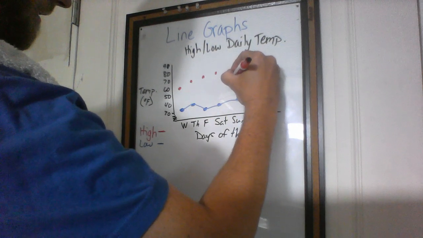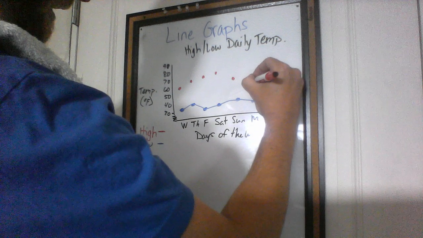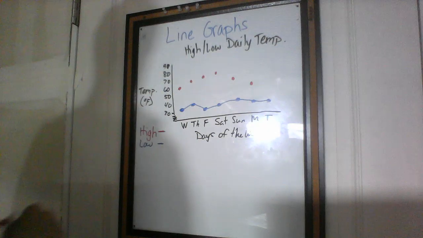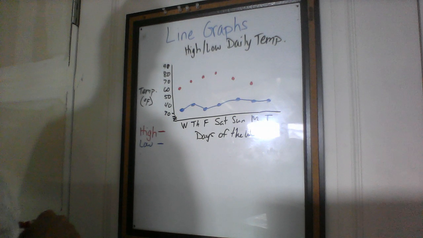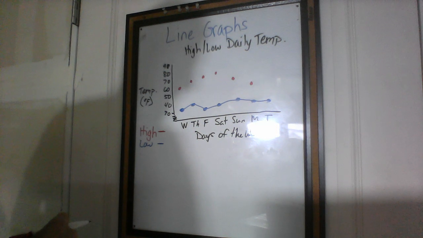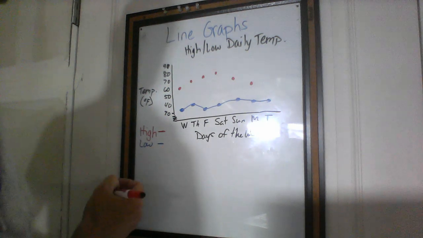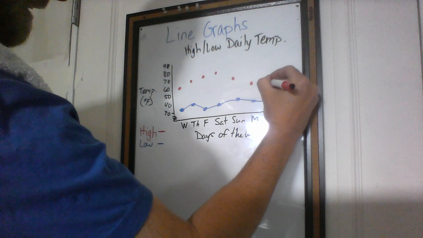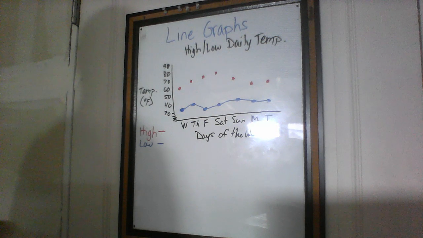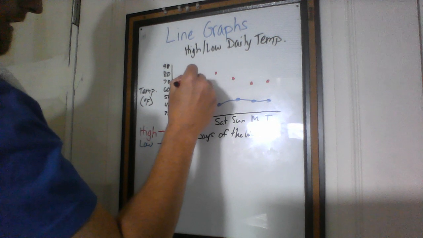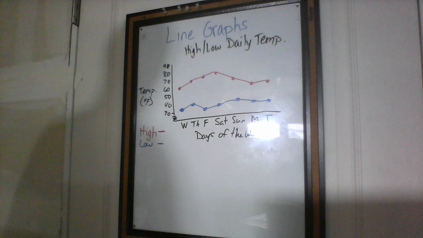Sunday got a little bit cooler and dropped off. And Monday, this is not based on the week we're actually doing this, so don't say, hey, Mr. Ledford, you're way off on these. This was a different week than what you're going to be looking at. That day was predicted for some rain, so it dropped a little bit, and it stayed a little bit cooler even the next day. So there are the high temperatures, and connect our dots, and we have our double line graph.